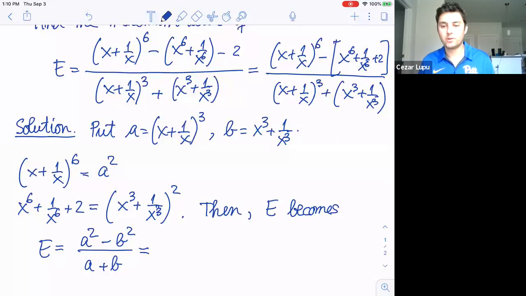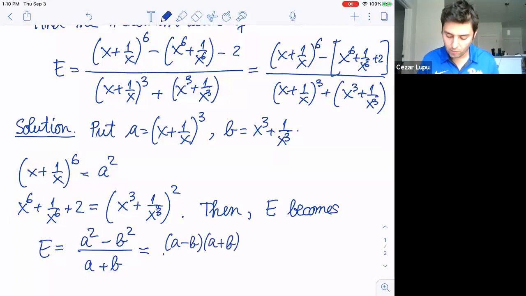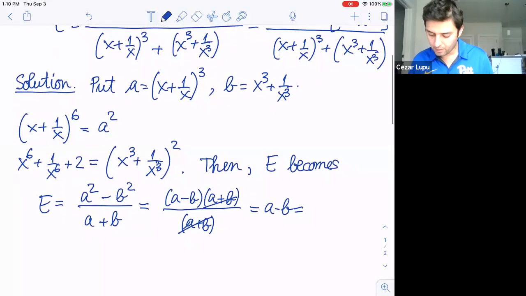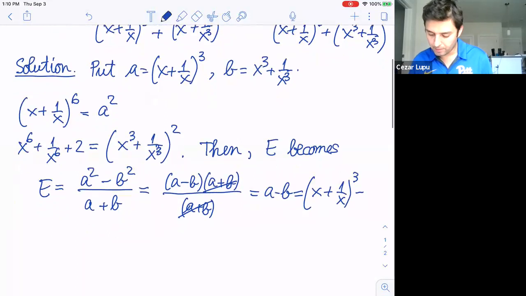You know that this is a minus b times a plus b over a plus b. These two will cancel and it is nothing else than just a minus b, which is, in our case, x plus 1 over x cubed minus x cubed plus 1 over x cubed, right?